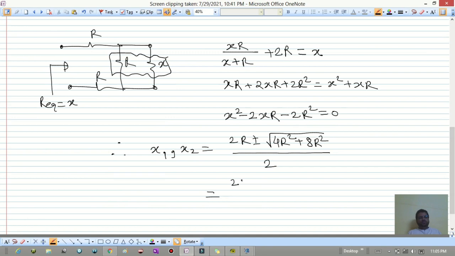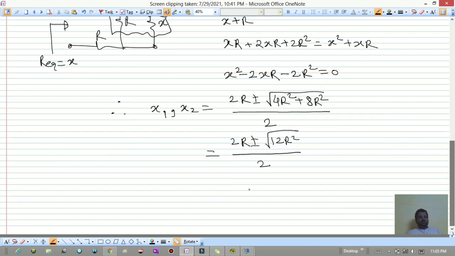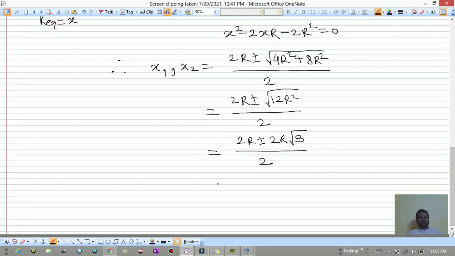So if you just solve this, 2R plus or minus root of 12R squared divided by 2, and as you can see over here, we can take 2R common, root of 3 divided by 2. So we'll have 2R divided by 2 in bracket 1 plus or minus root 3. This 2 gets cancelled. R in bracket 1 plus or minus root 3.